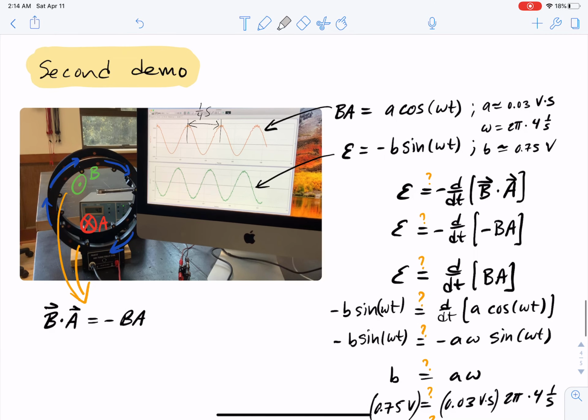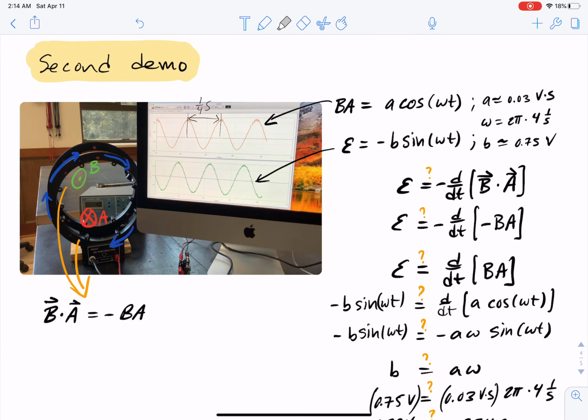Okay, and then the last one. I guess it's not the last one, is it? We had the sine wave. So it was actually really convenient. It just happened to stop when the field times the area looked like a cosine, and the induced electromotive force was negative sine.